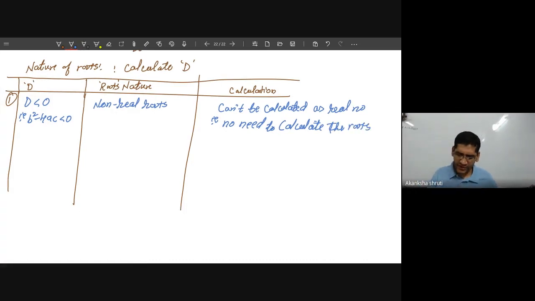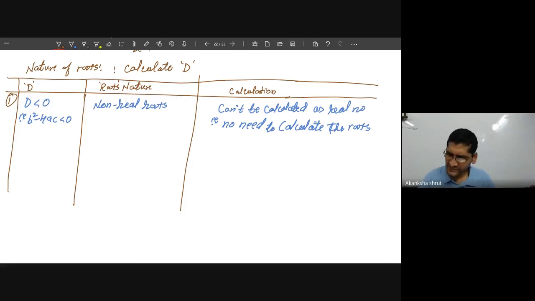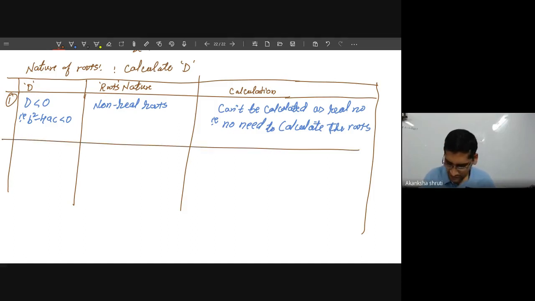In higher standards, after learning complex numbers, you can calculate it. So students, this was the first situation.